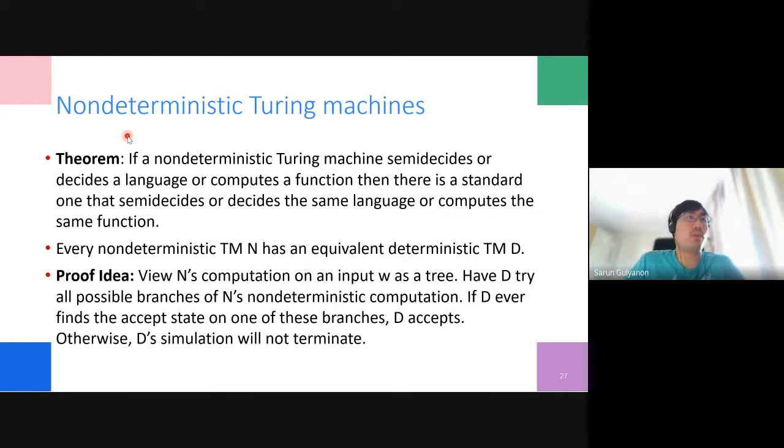Okay, so what did we talk about in the first part of the lecture? So far we have been looking at the different variations of the Turing machine. The first variation that we looked at is the multi-tape Turing machine.